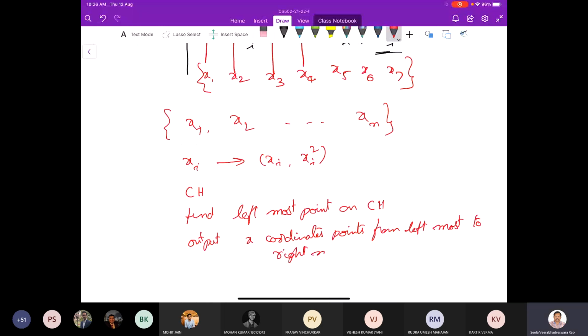And this is the sorted sequence that you got. Basically, we use this convex hull algorithm to find the sorted sequence of the initial input.